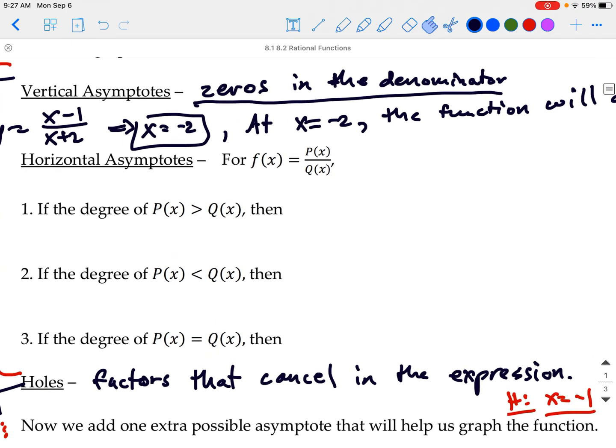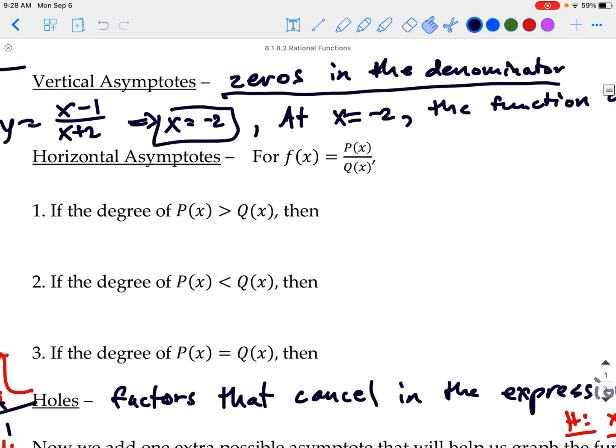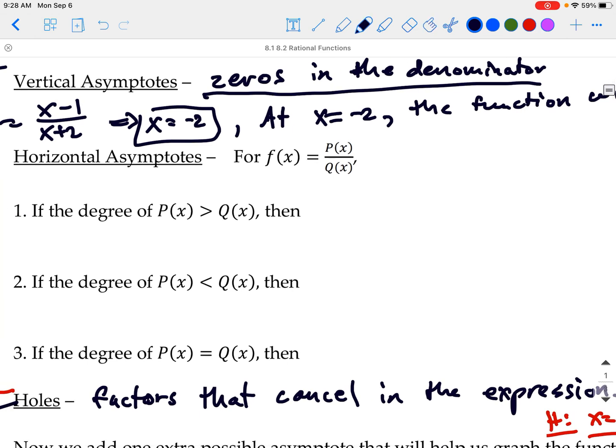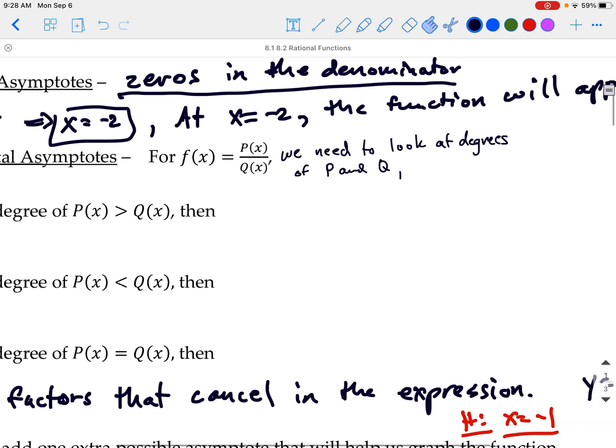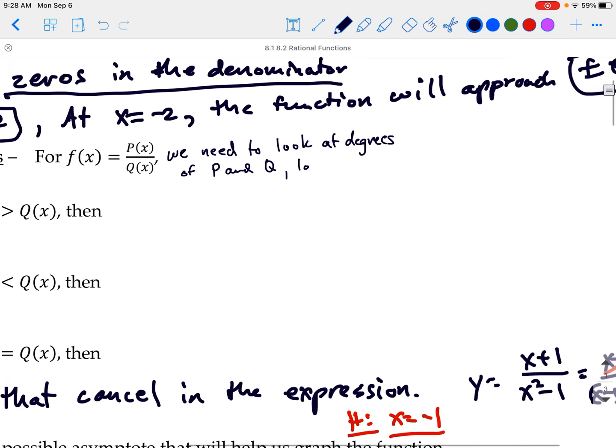But let's go ahead and get to horizontal asymptotes. So I'll zoom in a little bit here. So for this, we're going to have to look at the degrees of P and Q. And what we consider for horizontal asymptotes is looking as x goes to plus or minus infinity.